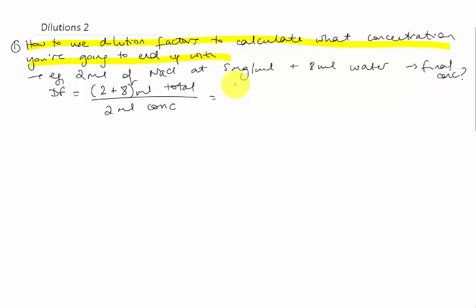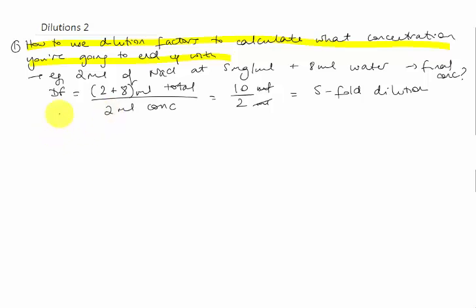So that would give us 10 over 2, and the mil units cancel each other out. So that means we'd get a 5-fold dilution.